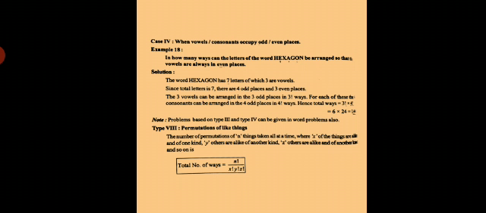Total number of ways will be equal to n factorial, where n is the total number of the letters of the word. You have to write it as n factorial. In that, the letters which are repeated, you have to write in the denominator. That is x factorial, y factorial, z factorial. Here x, y, z are all unknown numbers, all 3 different numbers of the different kinds.